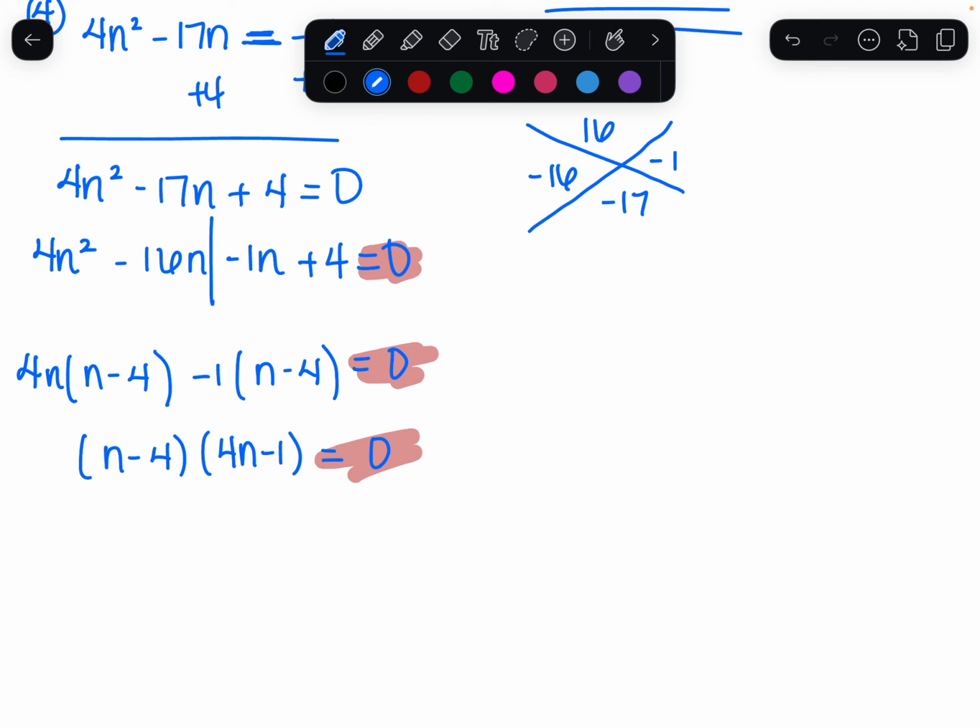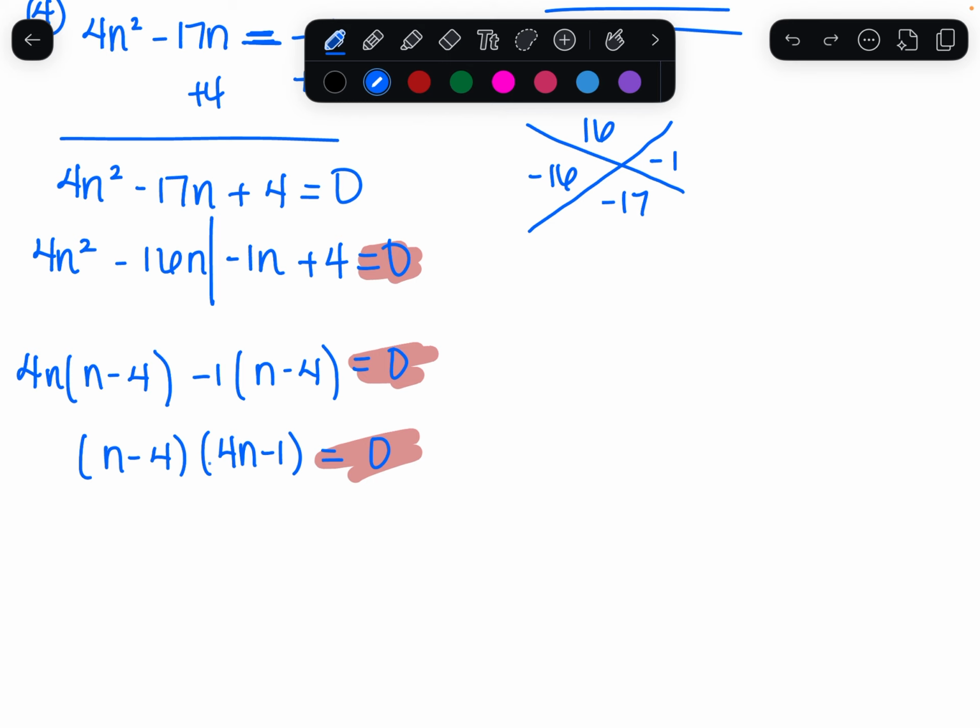Remember that this only works if 0 is on the other side, because 0 has very special properties in math, meaning that if you take two numbers and they equal 0, it is guaranteed that one or the other or both are equal to 0. A 0 could be here, or a 0 could be here, and this could be 1,001 over here. It doesn't matter, or 0 could be in both places. That equals 0, but it's a very special property that only 0 has.